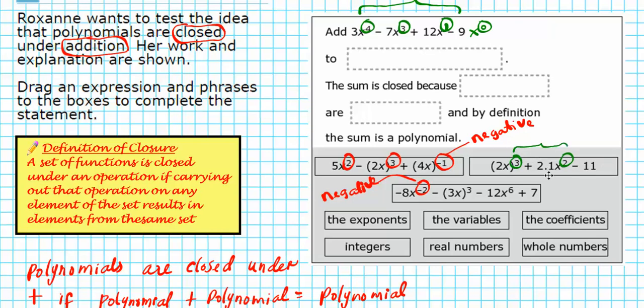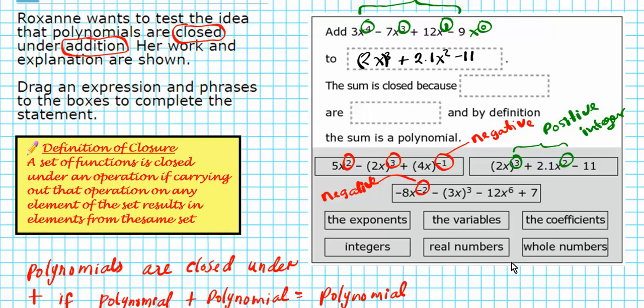So that makes this a polynomial. So that means that this goes into our first spot: 2x to the third plus 2.1x squared minus 11.